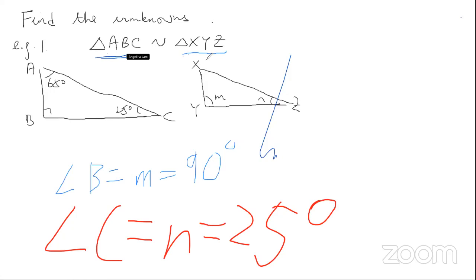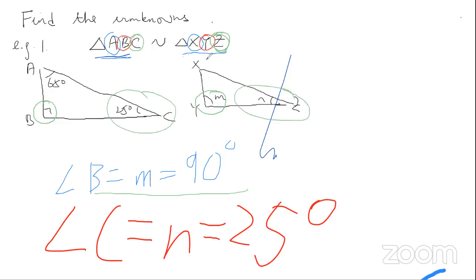It means A pairs with X, and then B pairs with Y, and then the other one, C, pairs with C. Therefore, in this case, we know that these two angles are equal. Therefore, M is 90 degrees. And also this one, C, pairs with this. Therefore, angle C is 25 degrees.